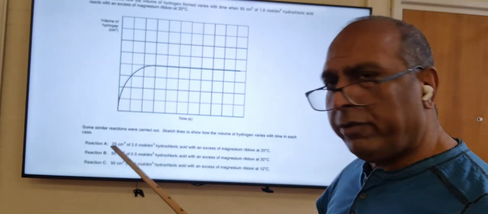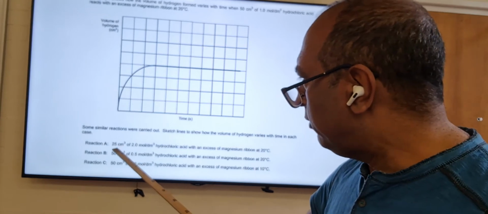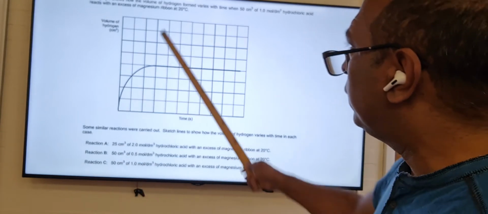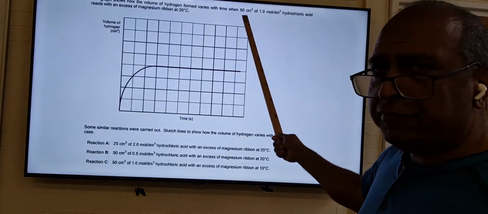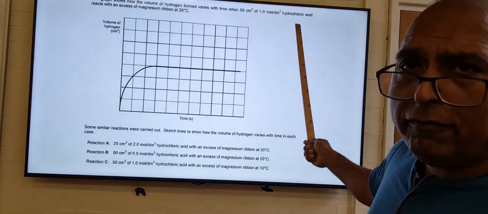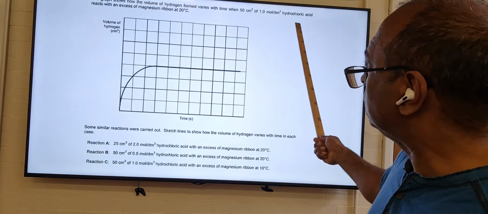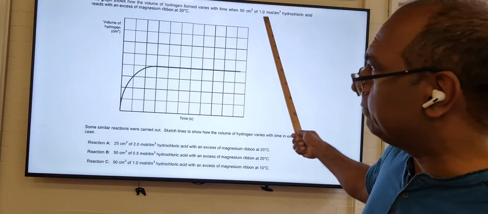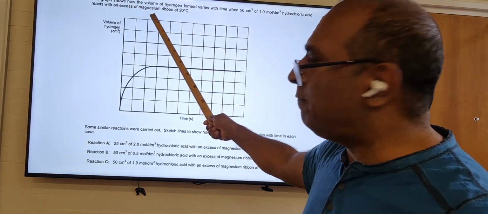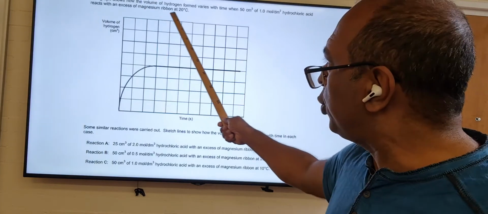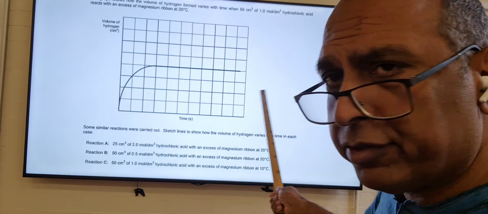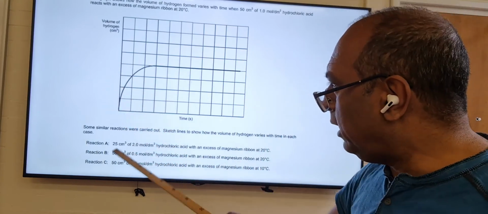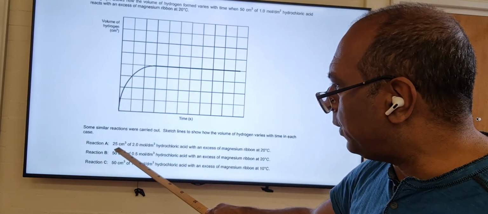Here, I've got reaction A, reaction B, reaction C. This is the curve they give you. 50 of acid, that's 1 mole per litre, with loads of magnesium at 20 degrees. And what you've got to do is to draw curves for A, B and C. Now A, 25.